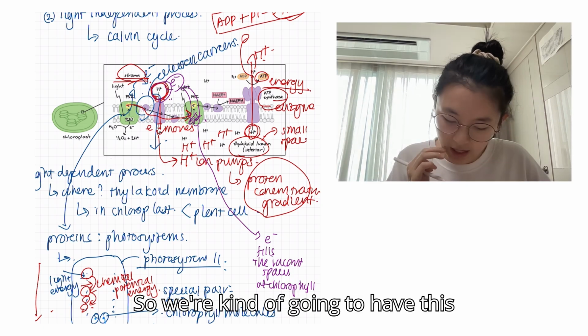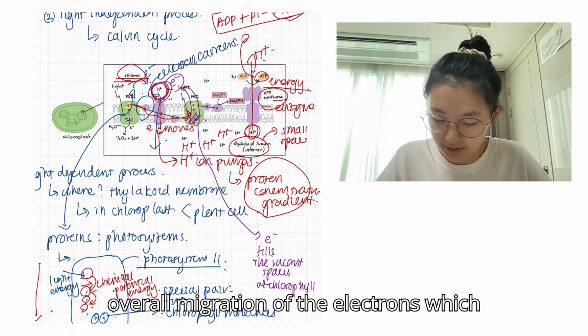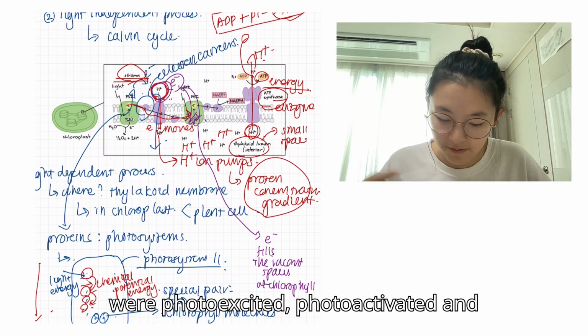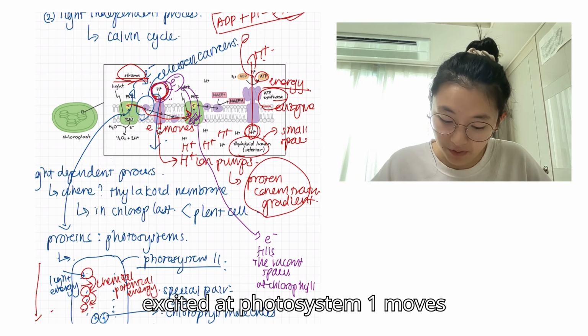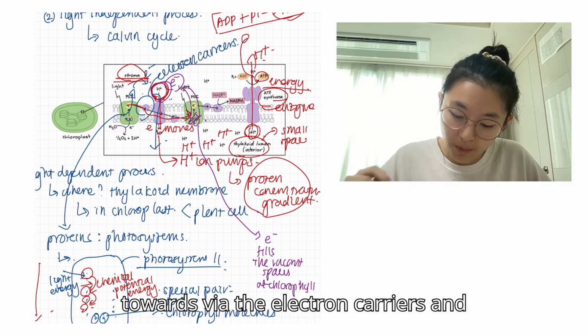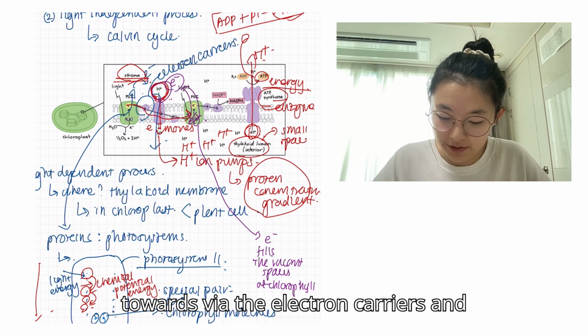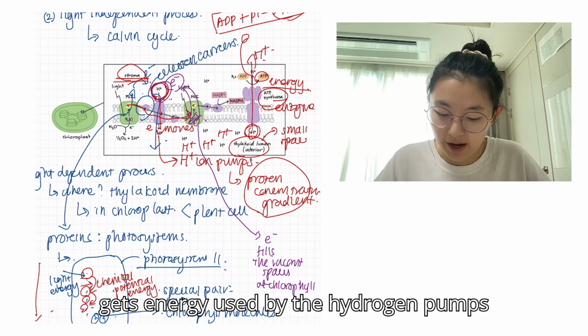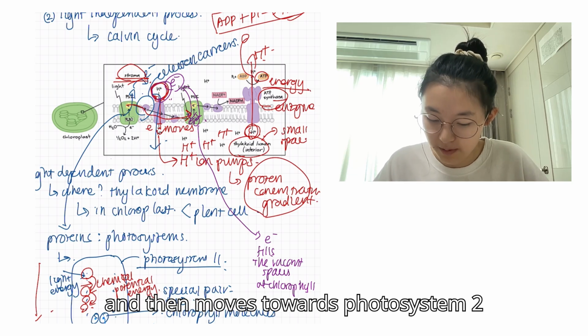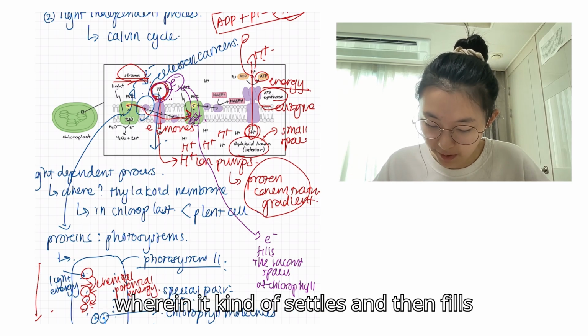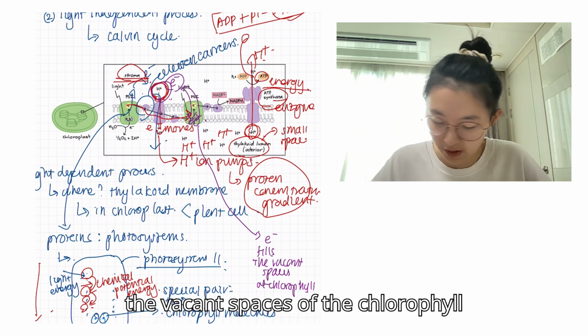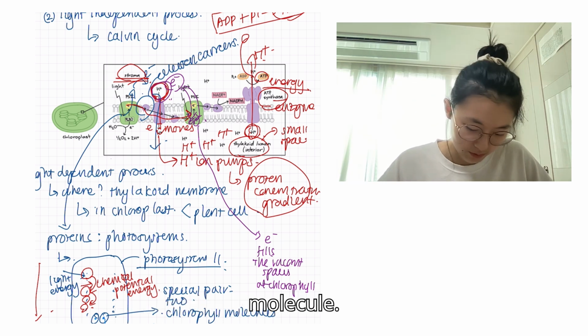So we're going to have this overall migration of the electrons, which were photoactivated and excited at photosystem 1, moving via the electron carriers and having their energy used by the hydrogen pumps, and then moving towards photosystem 1, wherein it settles and fills the vacant spaces of the chlorophyll molecule.